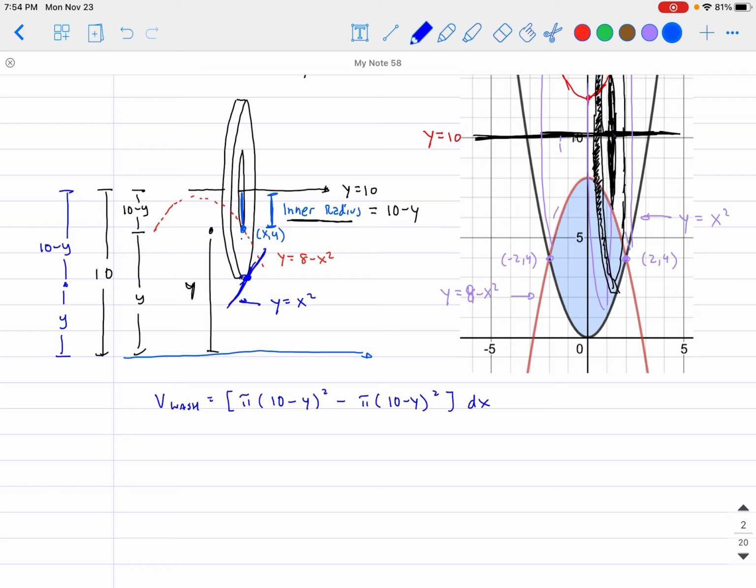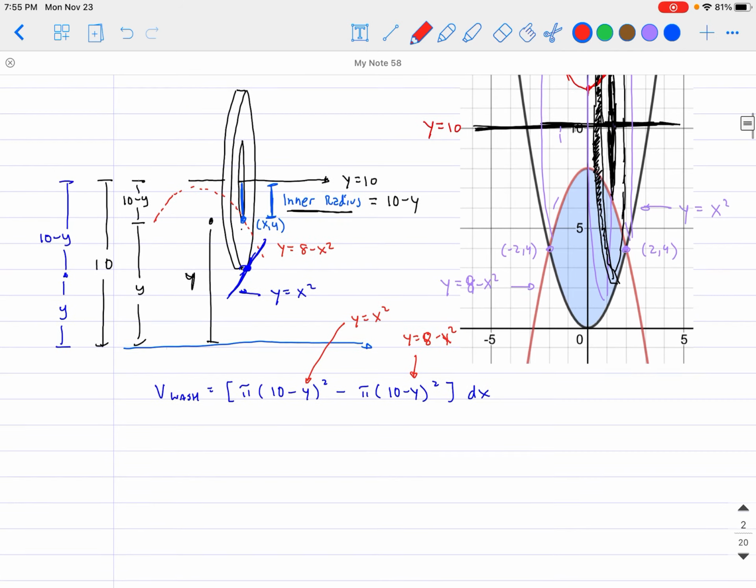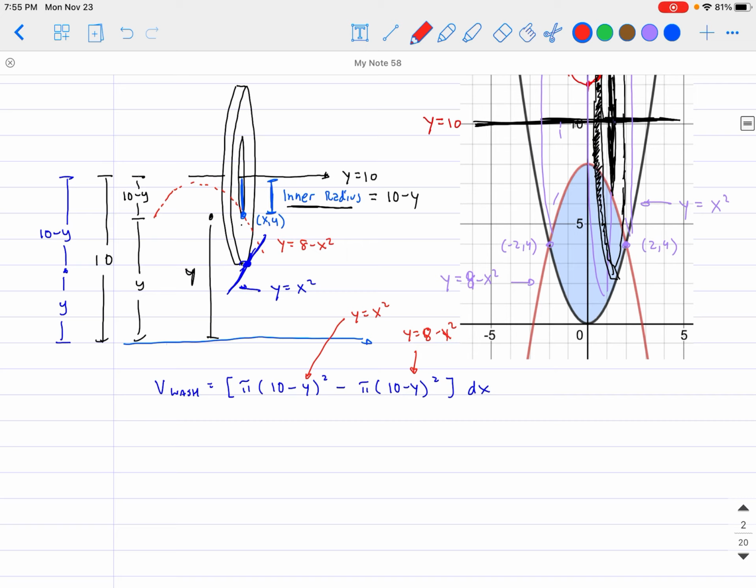And once again, keep in mind that for this one, we have to denote which y is which. The upper one right here, that's going to be my outer one. That is in reference to y is equal to x squared. Whereas this guy right here, that y is in reference to 8 minus x squared. So once we have this equation, we can now go ahead and set up our integral.